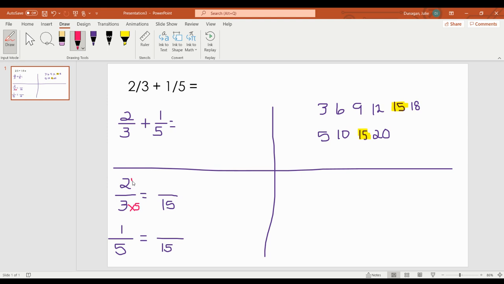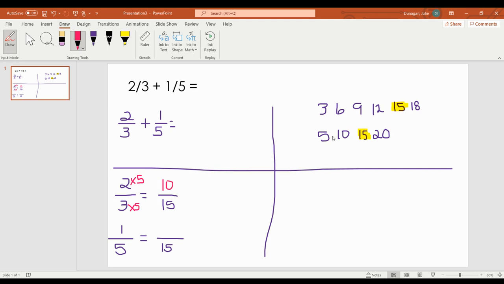If I do something to my denominator, I have to do it to my numerator so that my fractions stay equal. So 2 times 5 equals 10. So 2/3 equals 10/15.